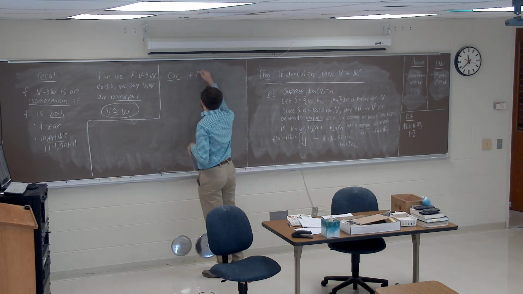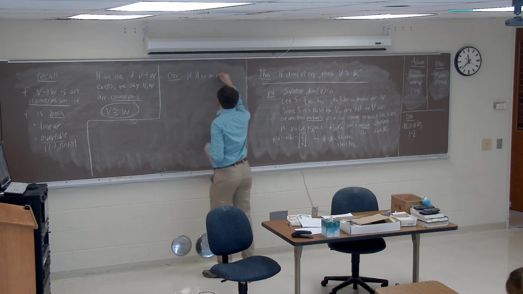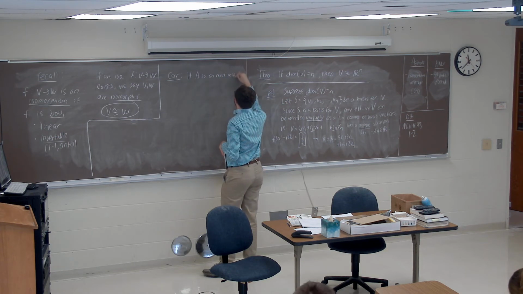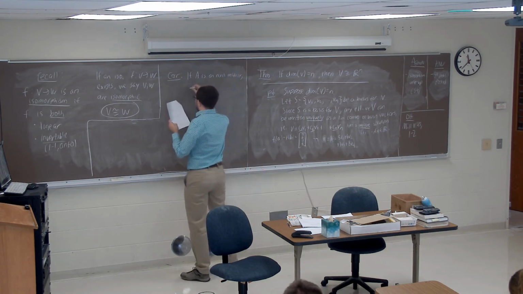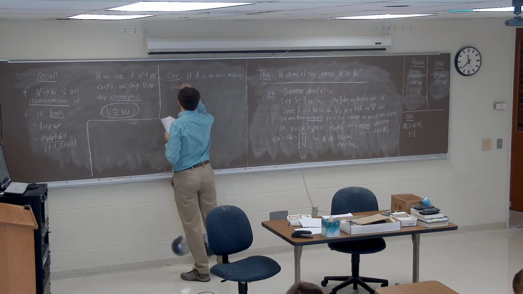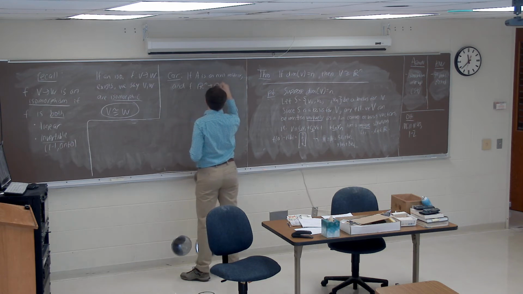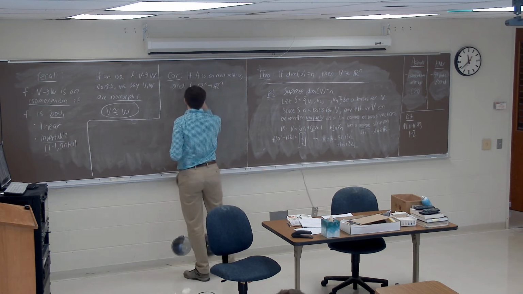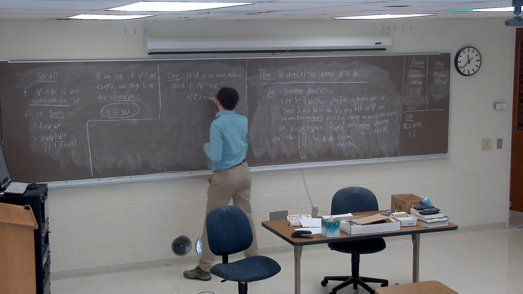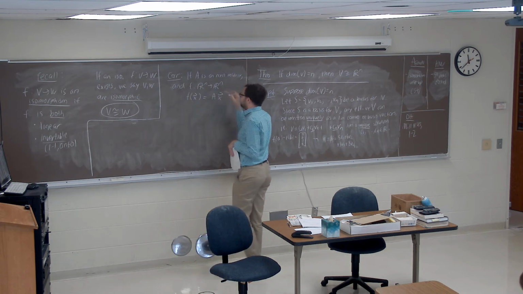If A is an n by n matrix, and let's say the function f from Rn to Rn is given by f of vector x equals A times x.